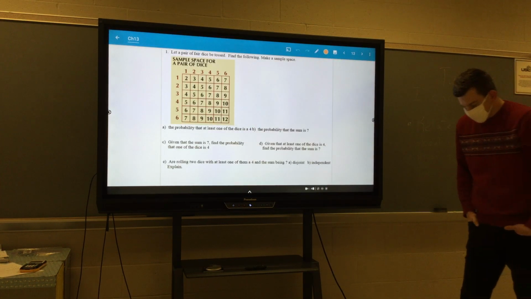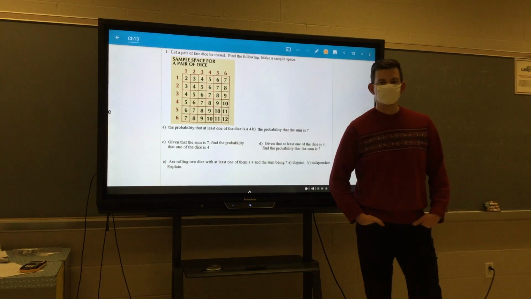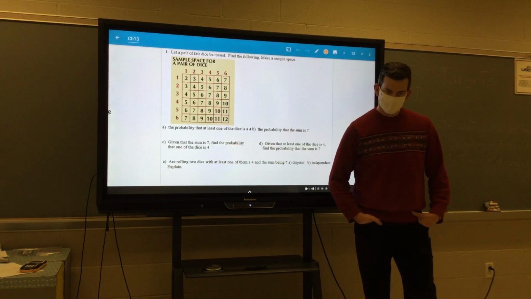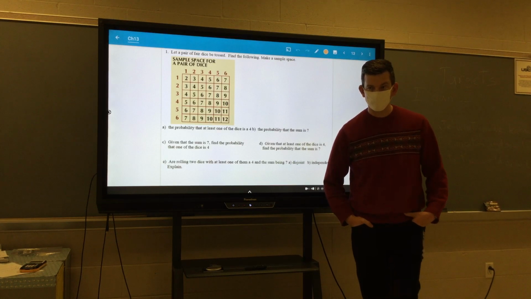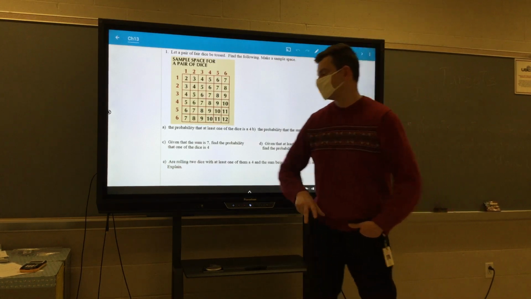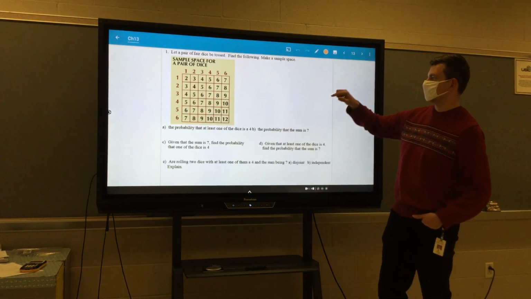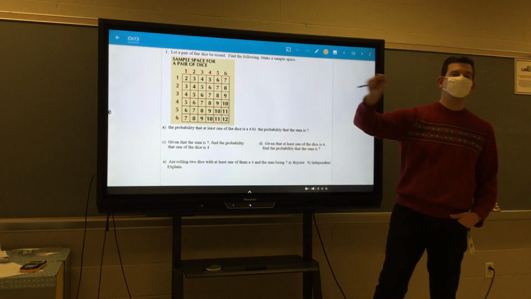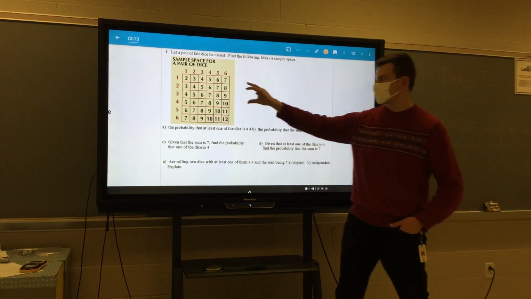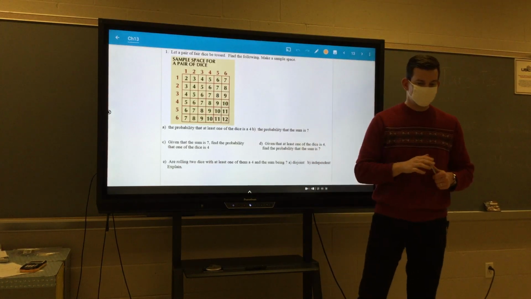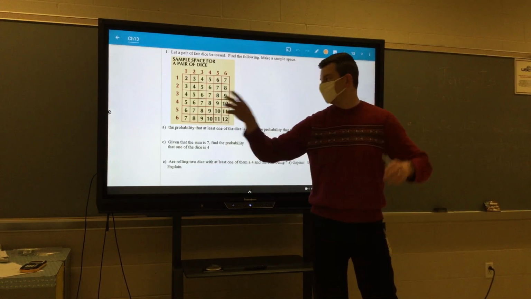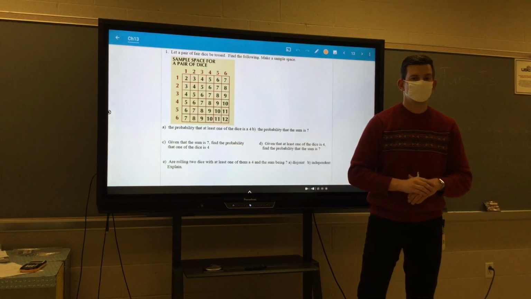Let's look at rolling a pair of dice. This is a very common type of probability problem. We've already looked at some like coin flip problems. Rolling 2 dice, classic textbook example. I mentioned that I have this sample space as a document on Canvas where it's nothing but a page of like 9 of these sample spaces.